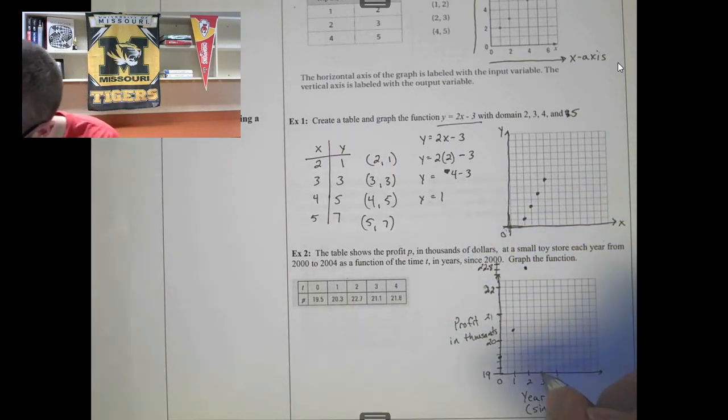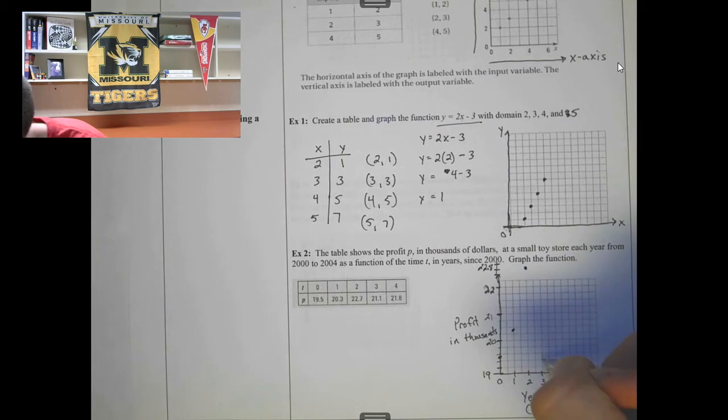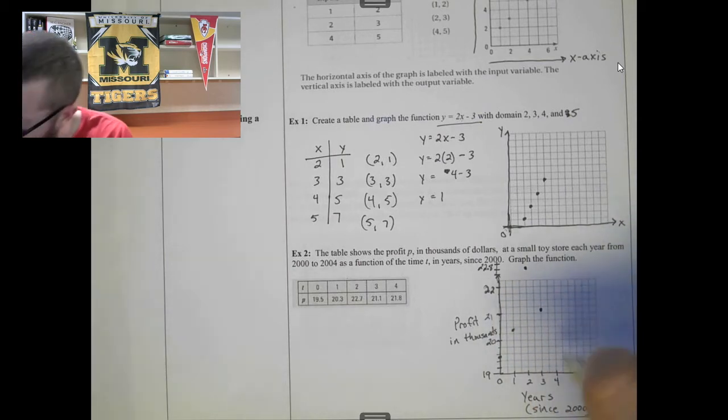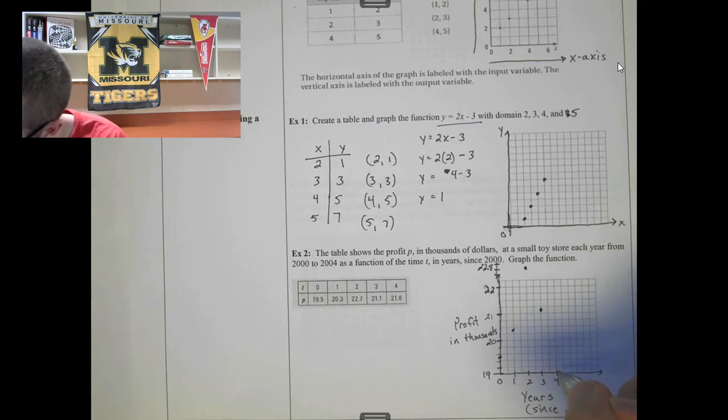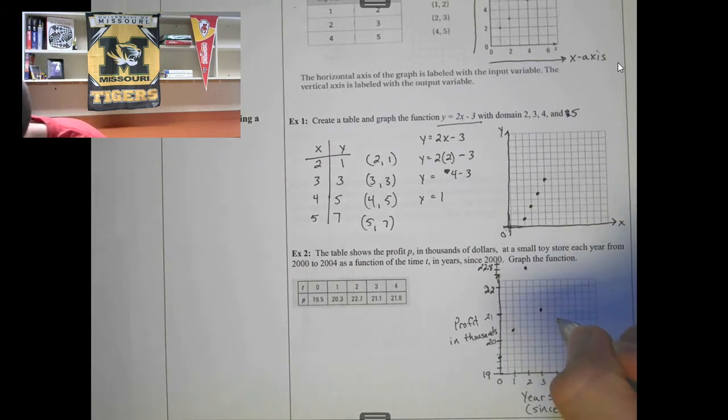3 and 21.1, so that's just above 21 a little bit. And then 4 and 21.8. So 4 and then 2, 4, 6, 2, 4, 6, 8. I put that in the wrong spot.